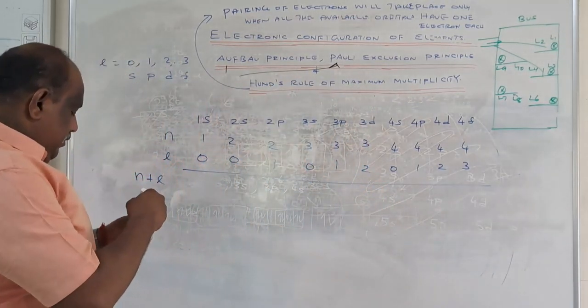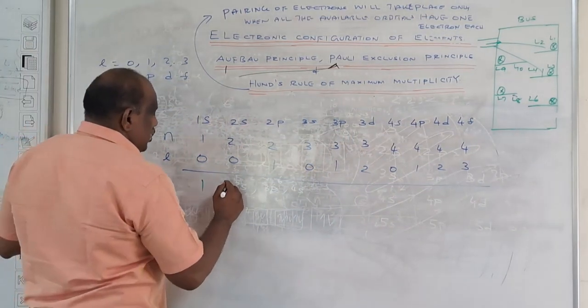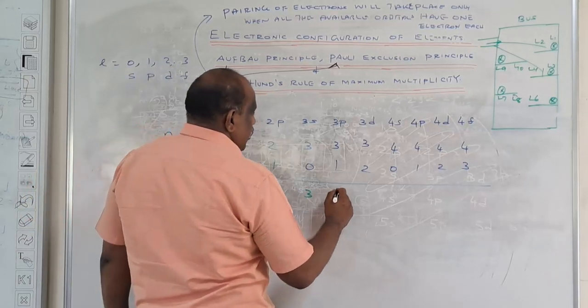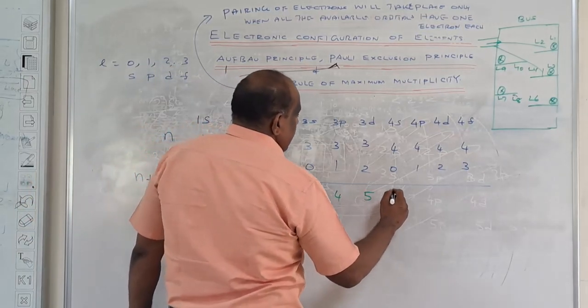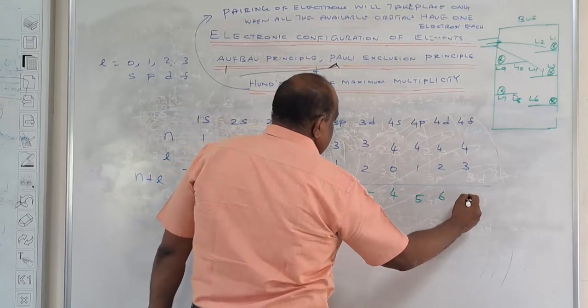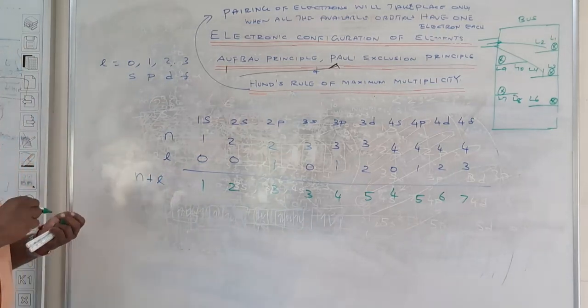When I add them, it becomes 1, 2, 3, 3, 4, 5, 4, 5, 6, 7. Isn't it? I am just adding n and l.